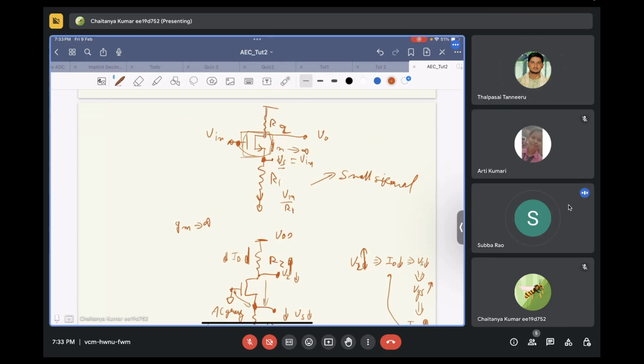If the same current is flowing through R2, what is the output voltage? Zero? VDS should be minus GM into... What is this? This is AC ground, not VDD, but AC ground. I am talking about what will be the incremental voltage at Vout?